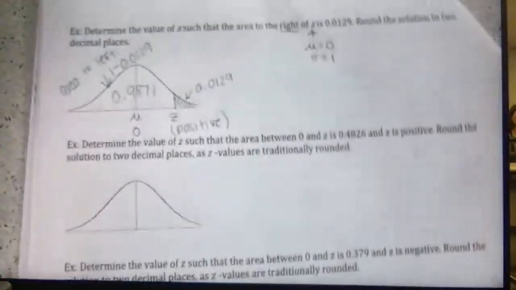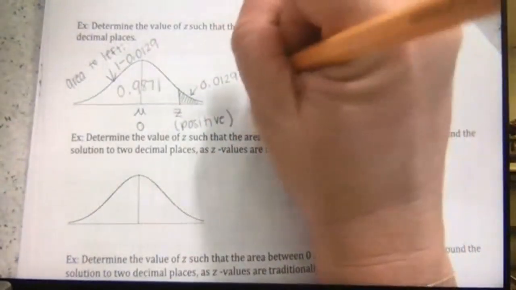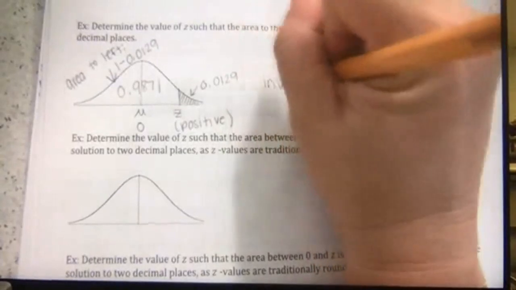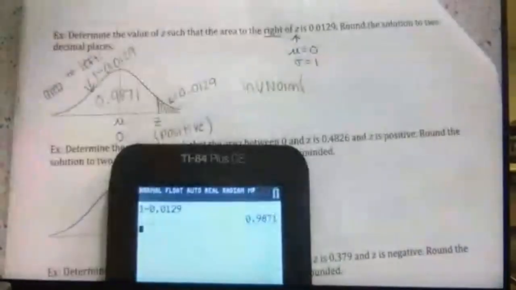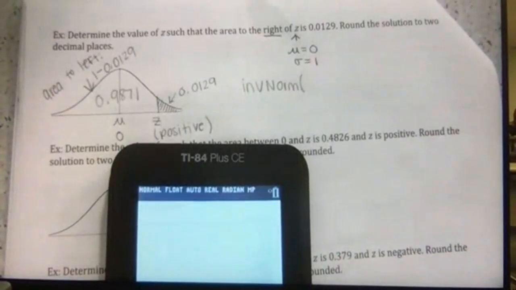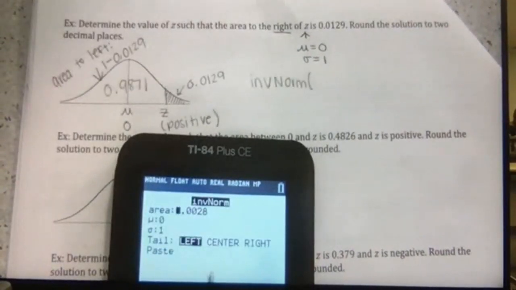If you do it in the calculator, we're going to do inverse norm. So second bars, inverse norm. I have the option to do left, right, and center. So if you have the option to do left, right, and center, let's do it that way.